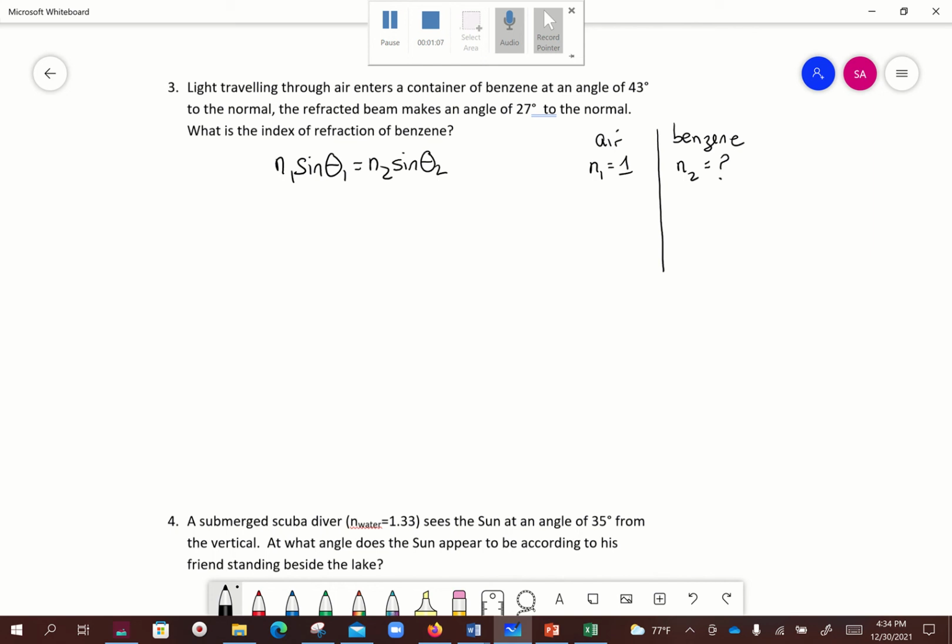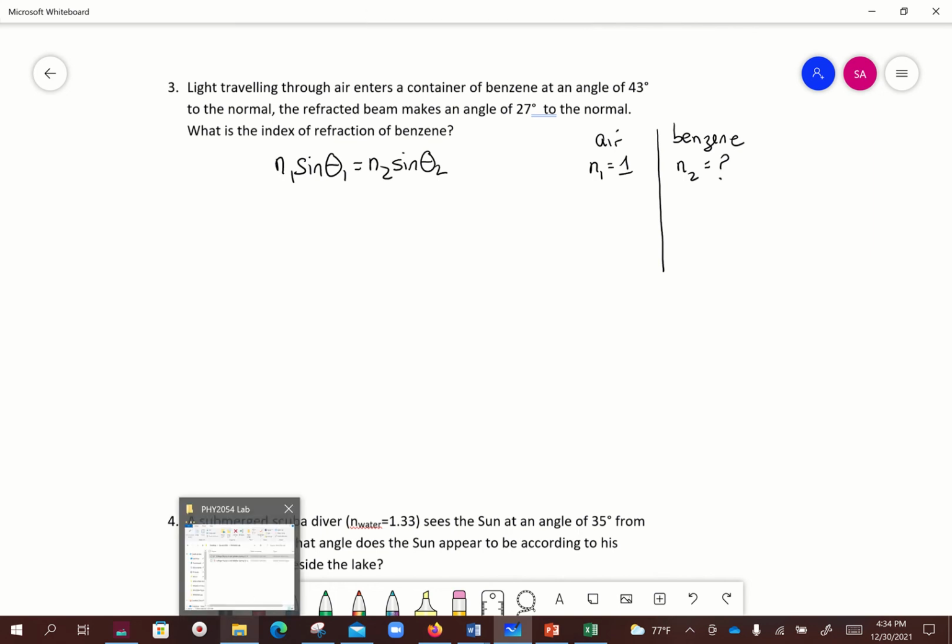All right, so we are given two angles. So what are those two angles? I'm going to draw in the normal to the surface. When you do refraction, all the angles that you measure are relative to the surface normal. So we're told that the light coming in through air enters the container of benzene at an angle of 43 degrees.